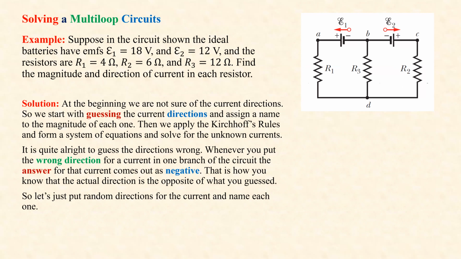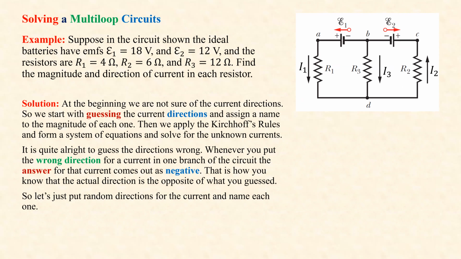So let's just put random directions for the current and name each one. Let's say I1 is this way, I3 is downward, I2 is upward. So you see, this I3 obviously is wrong, but the other two could be wrong, could be correct. We don't know.